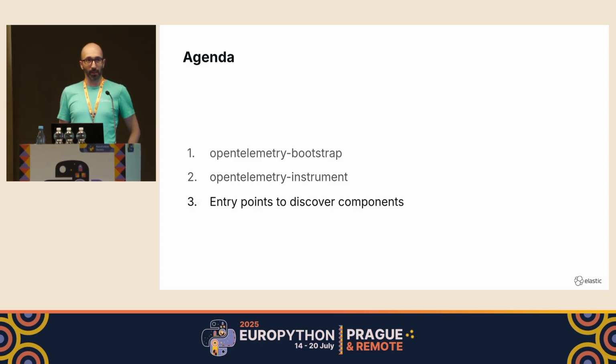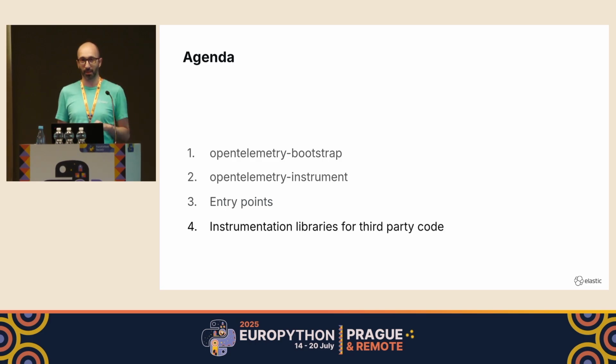And then we'll see how entry points are used to discover components in different packages. And later, we'll see how instrumentation libraries are able to patch third-party code. So the plan is to give you an overview of how the OpenTelemetry Python code works, but also hopefully you may learn something new that can be applied to your code bases too.